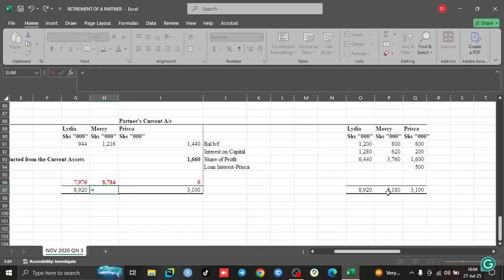It was supposed to be 5180. So her carrying amount is 3964, not the amount I had included. So now when I do that, I think everything will be alright. Let me see whether everything will be alright now.